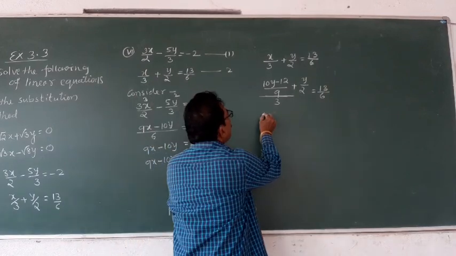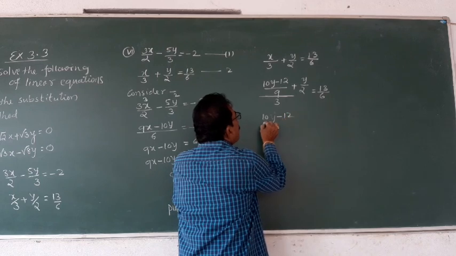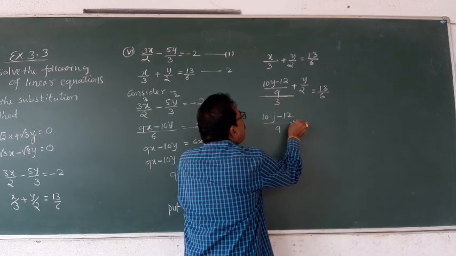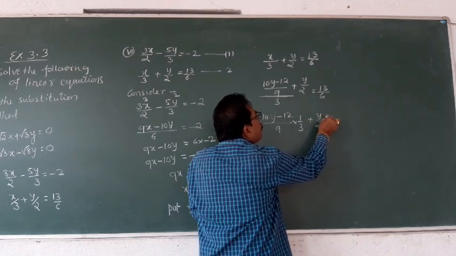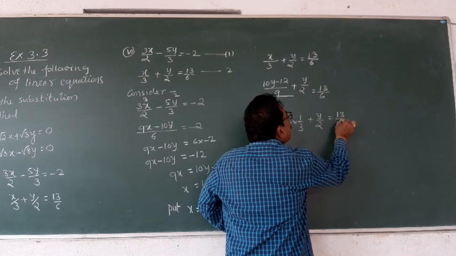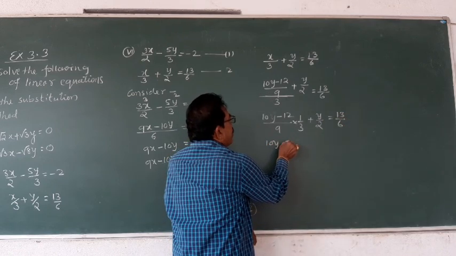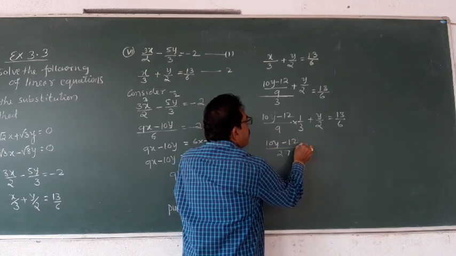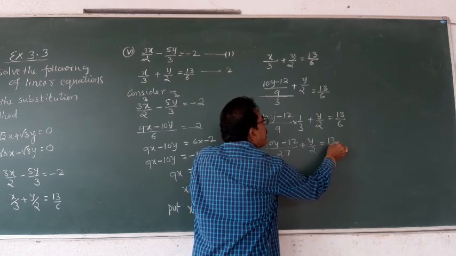Okay, see, 10y minus 12 divided by 9 3s are 9 into 1 by 3 plus y by 2 equals to 13 by 6. So 10y minus 12 divided by 27 plus y by 2 equals to 13 by 6.